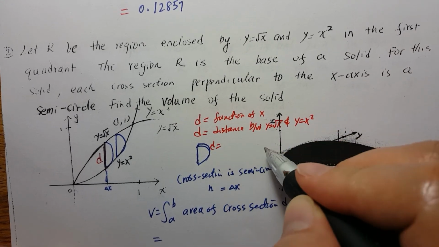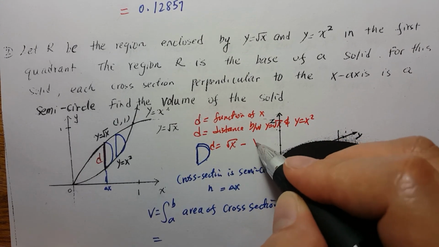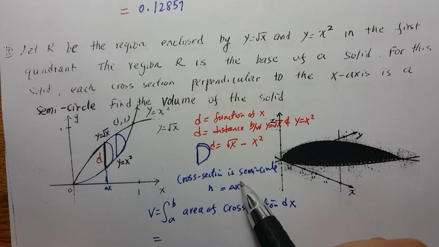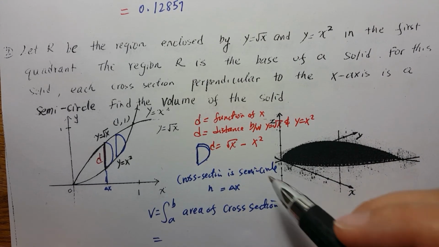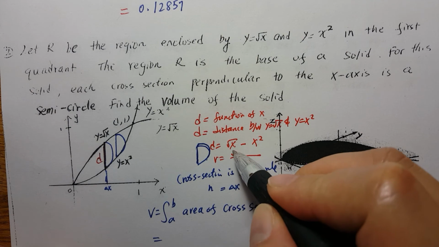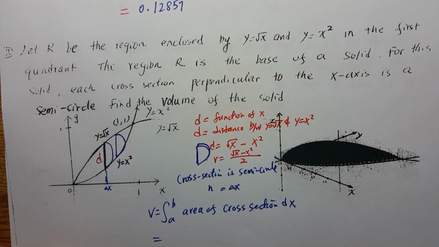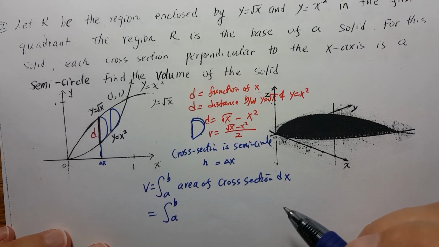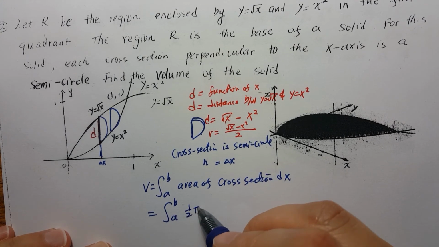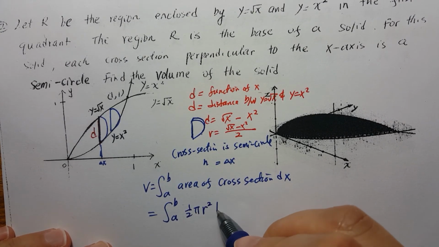So d equals square root x minus x squared. To find the area of a semicircle, we need the radius. So the radius equals (square root x minus x squared) over 2. Now we go back over here and we get the integral from a to b. The area of a semicircle is 1/2 times pi times r squared dx.